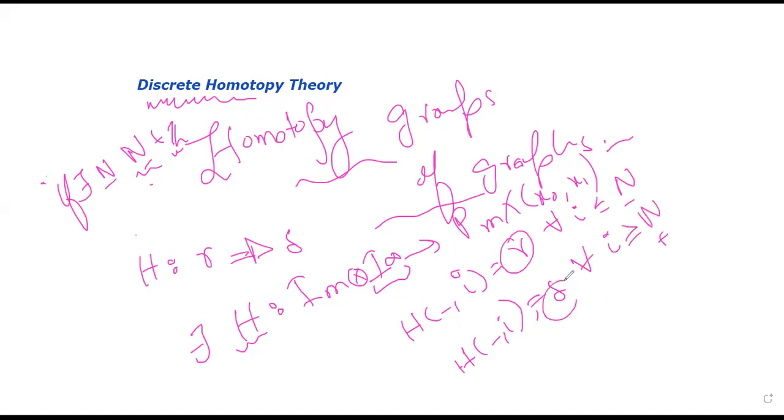So we can say gamma and sigma are path homotopic and adjacent in this graph. So there is a path homotopy between these two paths. I'm recalling the previous definition, then I will explain the new topic.